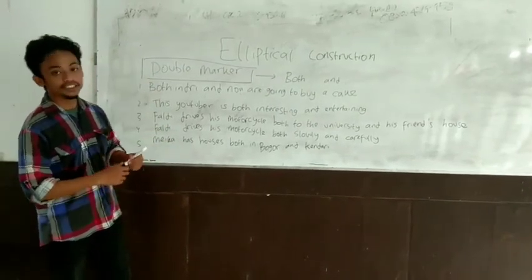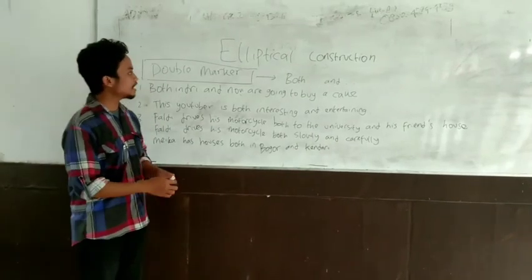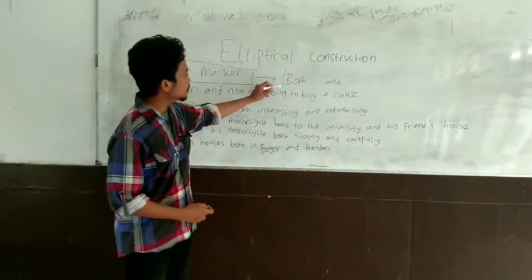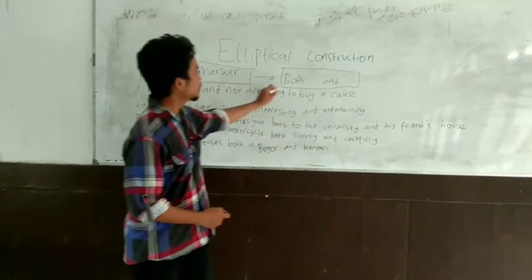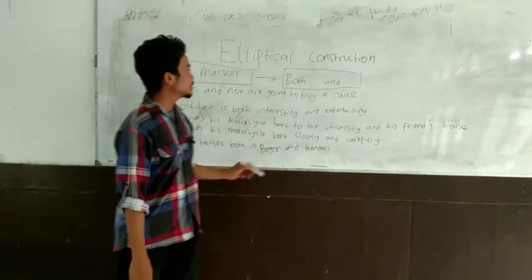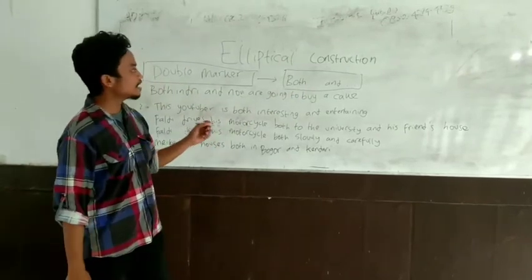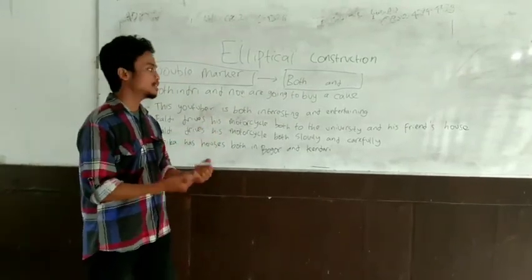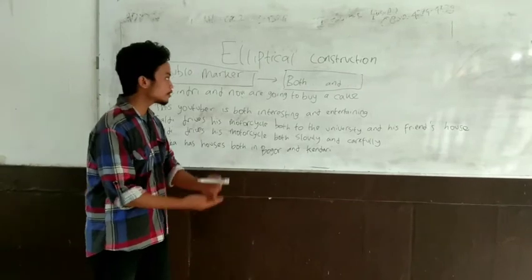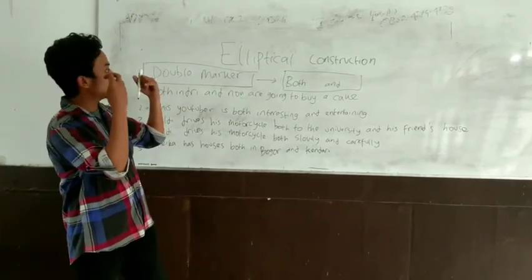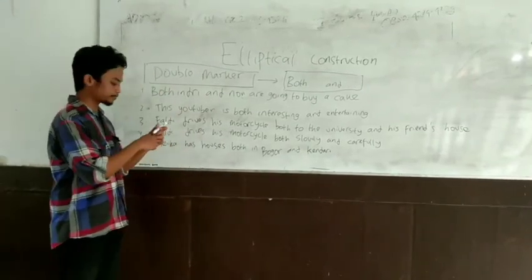Double marker di sini penandanya adalah penggunaan conjunction both and. Di titik ini bisa memasukkan noun, adjective, adverb, verb dan juga prepositional phrase.